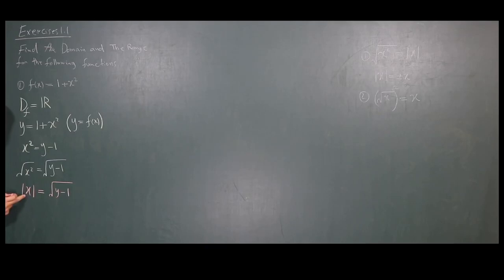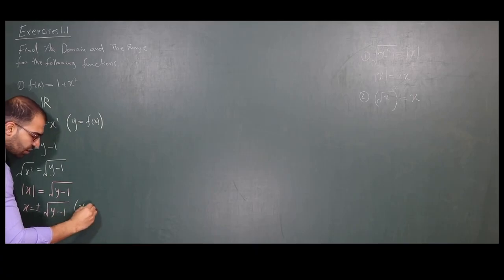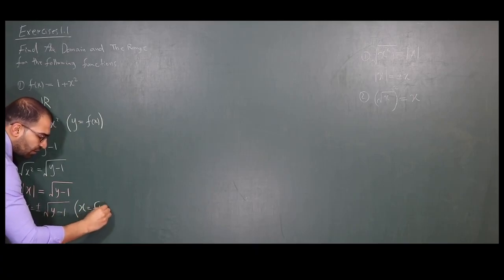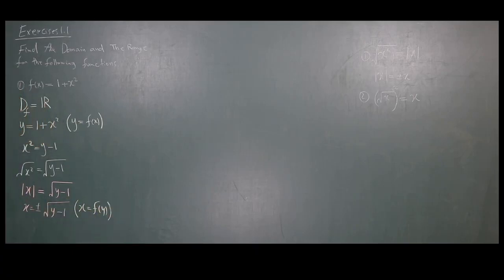And after I open the absolute value, I will put the plus minus, but I will move it to that side. So x equal to plus or minus the square root of y minus 1. Now I found the new formation, which is x equal to a function written in terms of y.